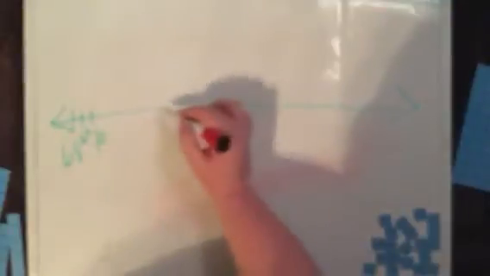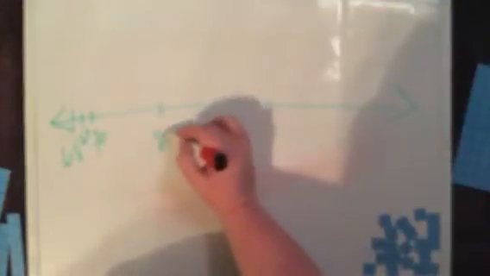We're going to do 69, 70. From 70, I think I'm going to count by tens. So 70, 80, 90, 100.